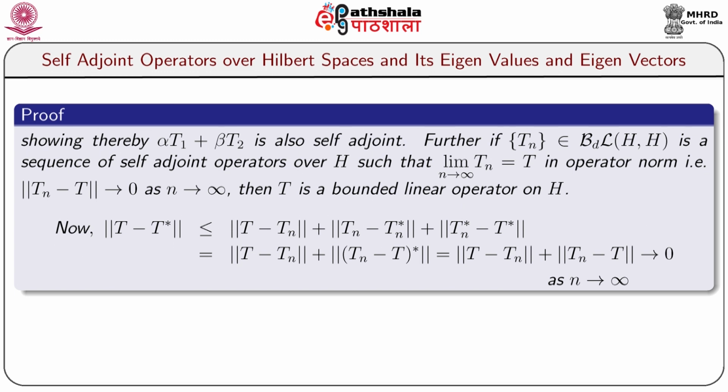Further, if Tn is a sequence of bounded linear operators from H to H and the Tn are self-adjoint such that the limit as n tends to infinity of Tn equals T in operator norm, that is, norm of Tn minus T tends to 0 as n tends to infinity, then T is a bounded linear operator on H. Now, norm of T minus T star is less than or equal to norm of T minus Tn plus norm of Tn minus Tn star plus norm of Tn star minus T star, which is equal to norm of T minus Tn plus norm of Tn minus T, which goes to 0 as n tends to infinity.